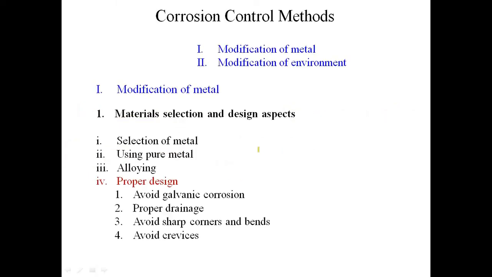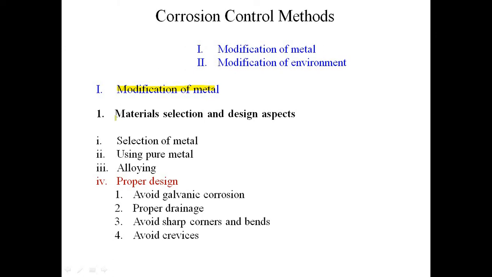In the first section, modification of metal, the first point we should consider is material selection and design aspect. What is meant by material selection? We all know that metals in their native state are available as metal oxides or metal sulfates. I mean, they are in a combined state, except for the noble metals. Most of the metals are in the combined state.